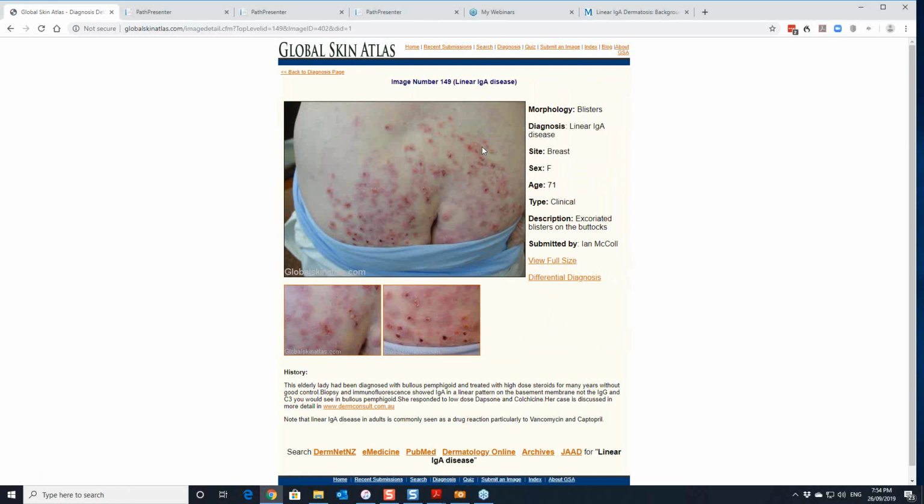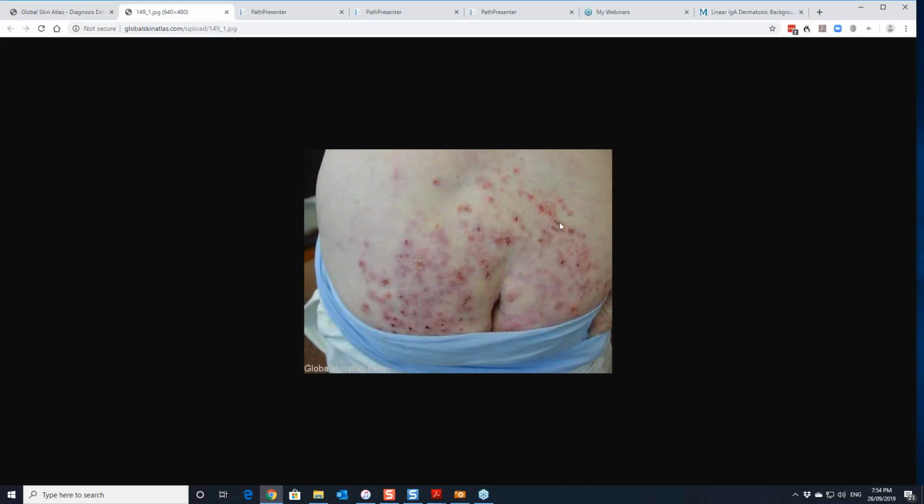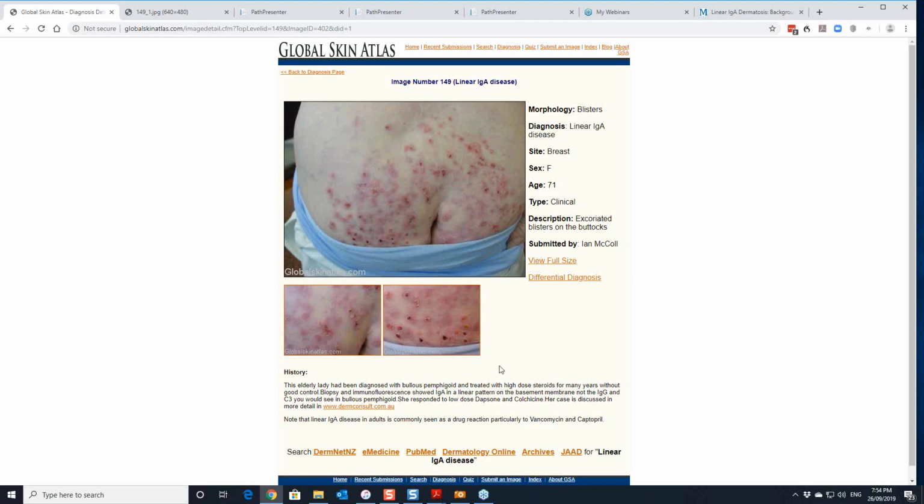This was a lady who presented with some blisters and excoriated areas on her buttocks. You can see some of the blisters still out here, these areas of excoriation. Now, she was initially diagnosed as bullous pemphigoid, and she had been treated with high-dose steroids for many years without really good control.